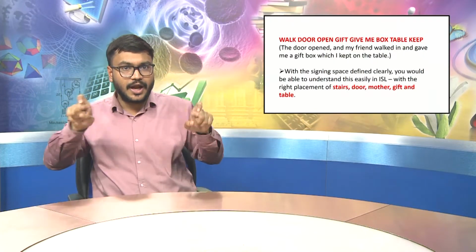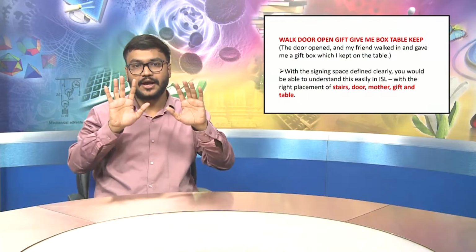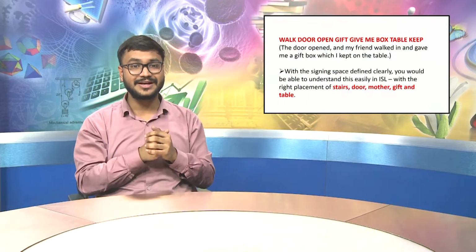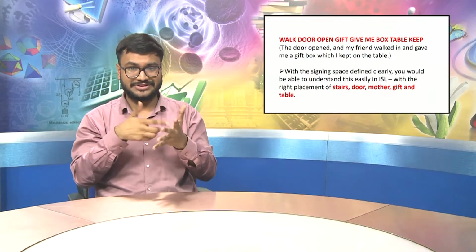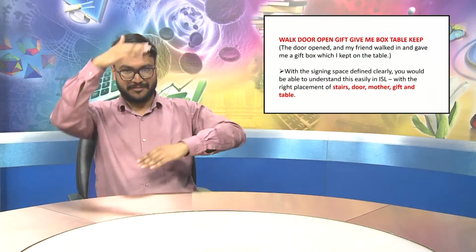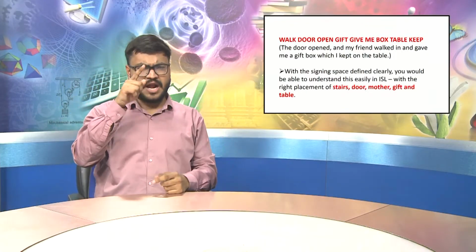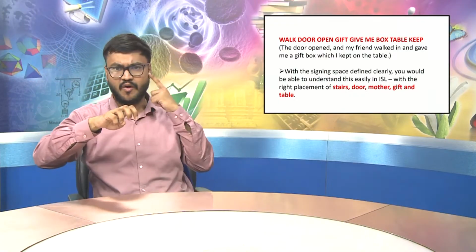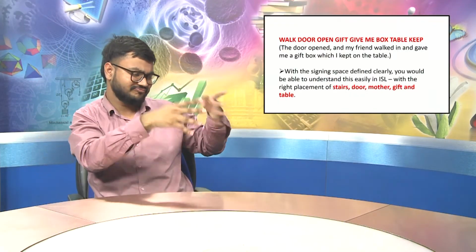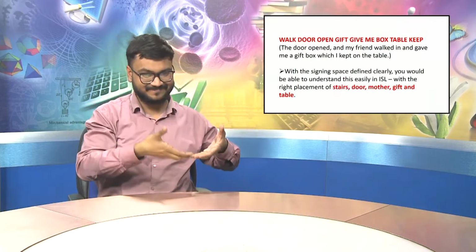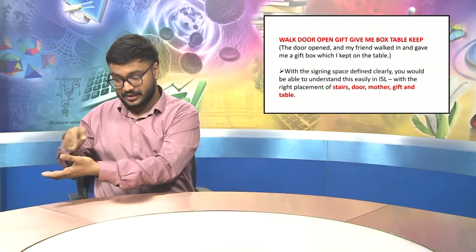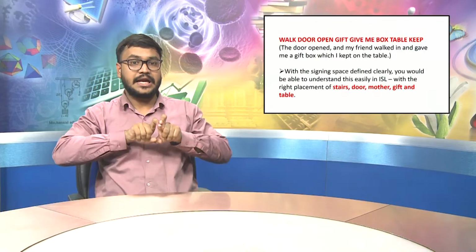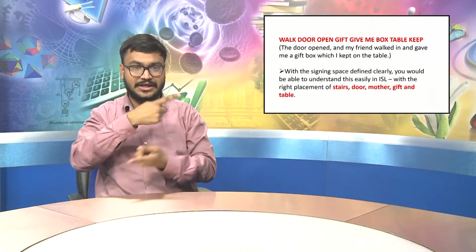As we know, there are locations: where I stand, mom is upstairs, and the door is ringing and my friend is waiting outside. It all has its own location. With the signing space defined clearly, you would be able to understand this easily in ISL with the right placement of stairs, door, mother, gift and table.